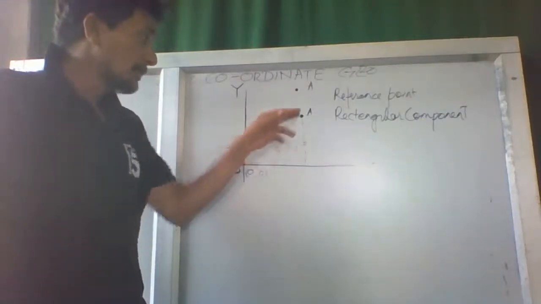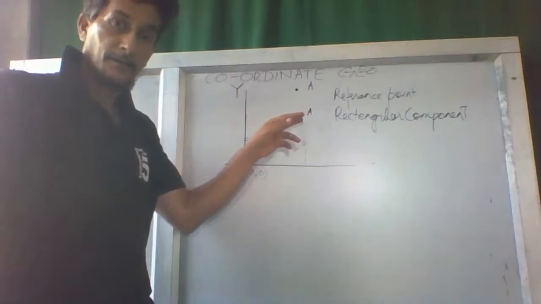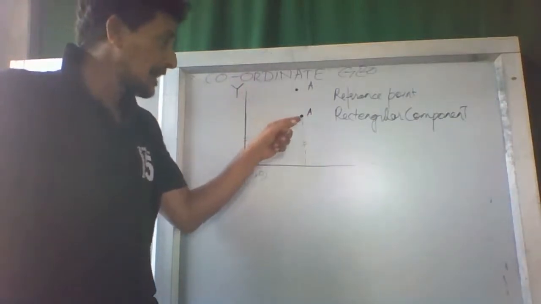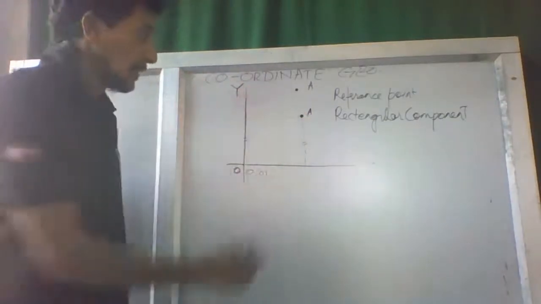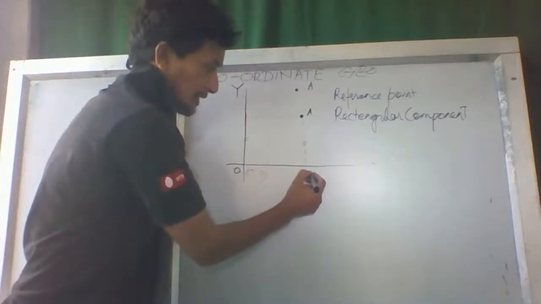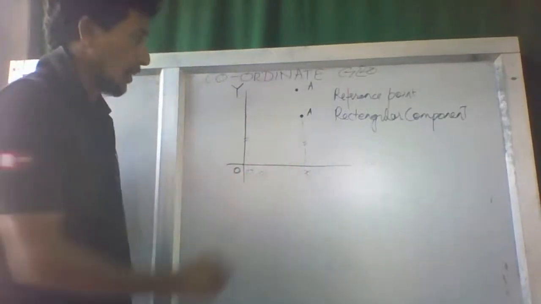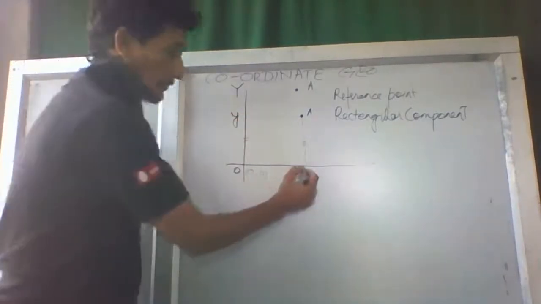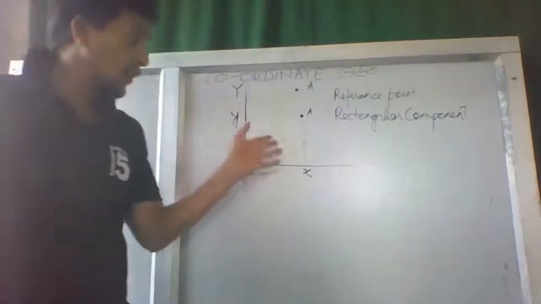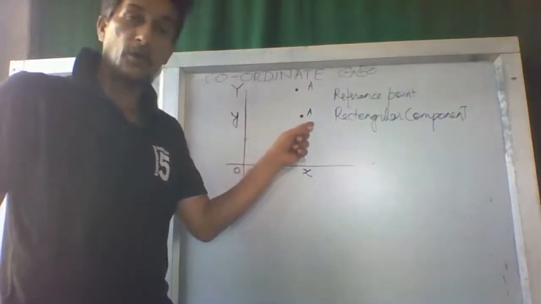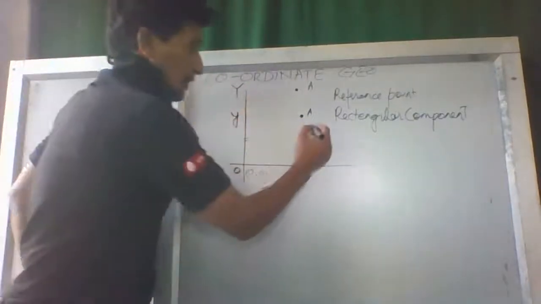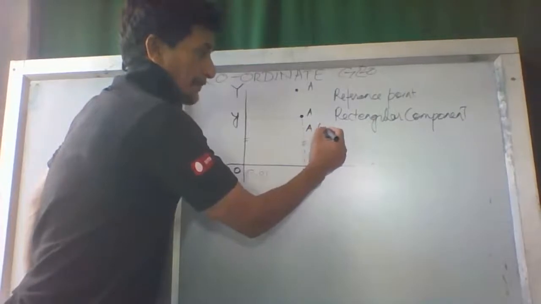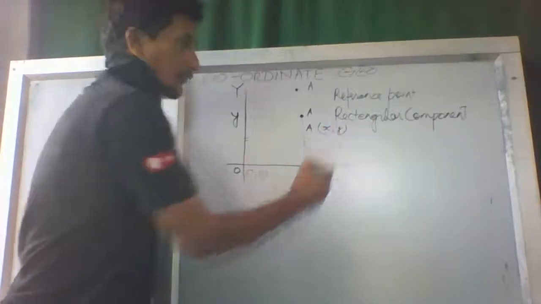But A's coordinates are not 0, comma 0. A has some coordinates: on the x-axis it meets at small x, and on the y-axis at small y. So we write the coordinates of A as A, bracket, x comma y.